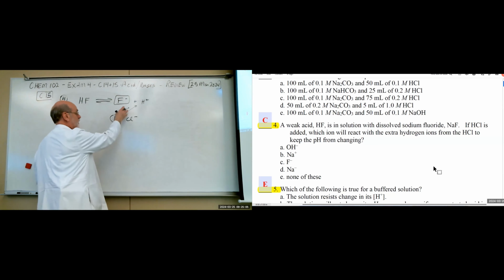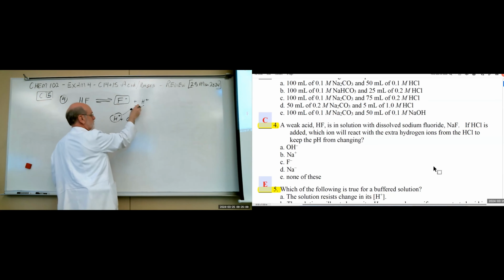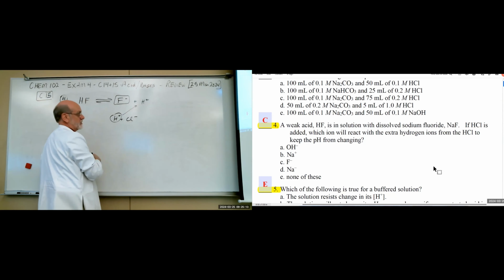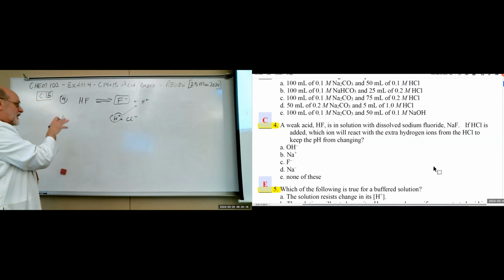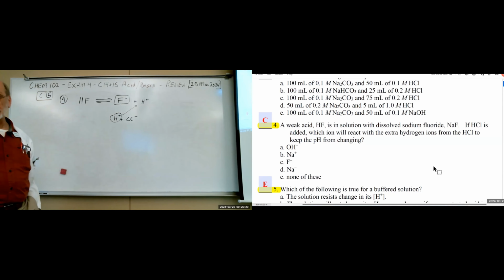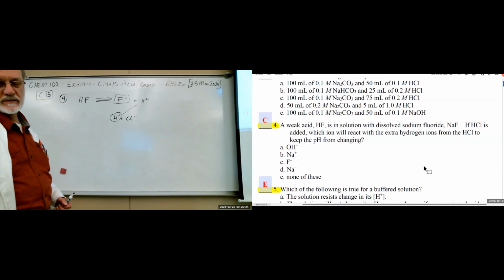And fluoride, the conjugate base of a weak acid, is a strong base that is going to suck up some of those hydrogen ions and shift the equilibrium back to the acid. So the reaction is between the hydrogen ions and the fluoride ions in order to maintain the pH.